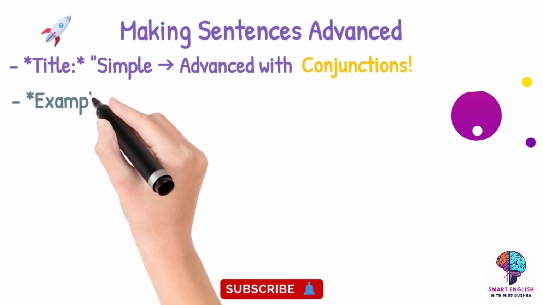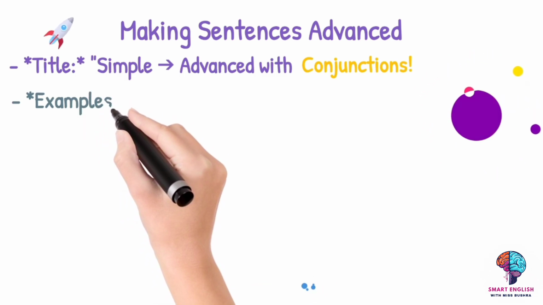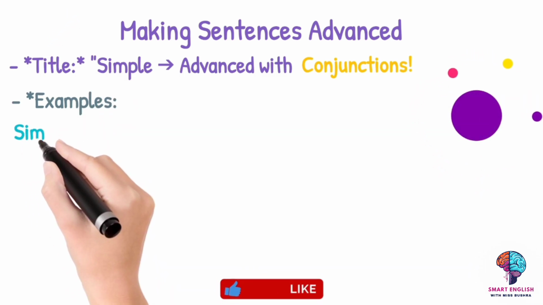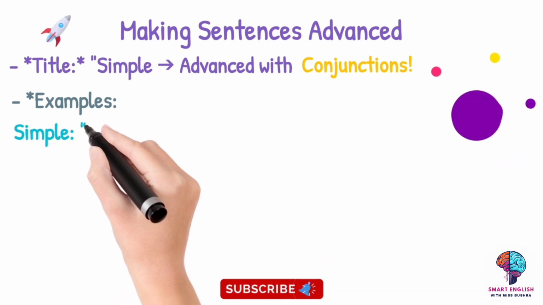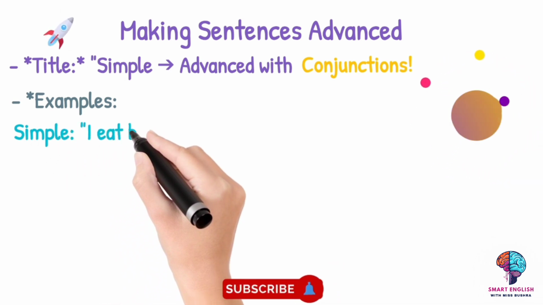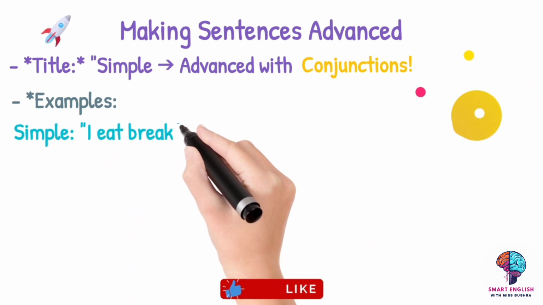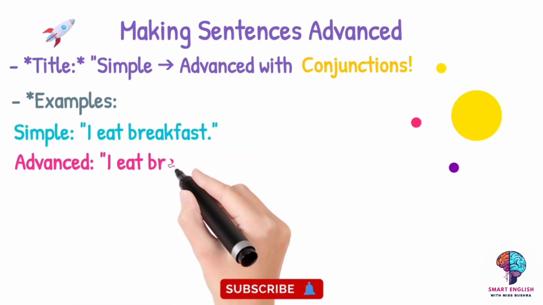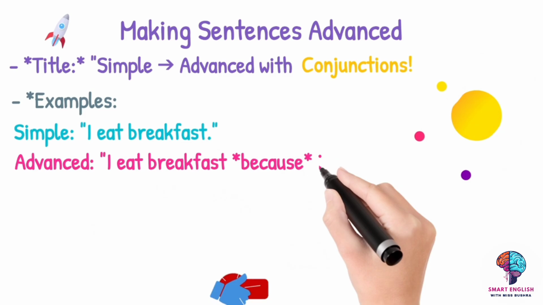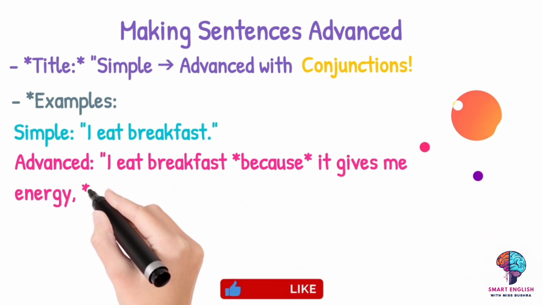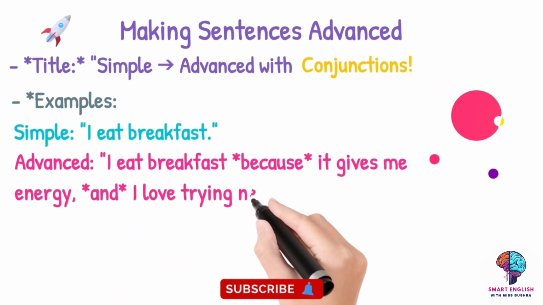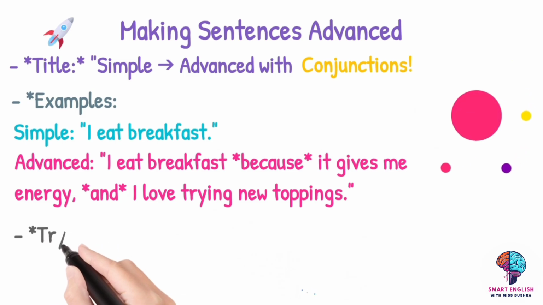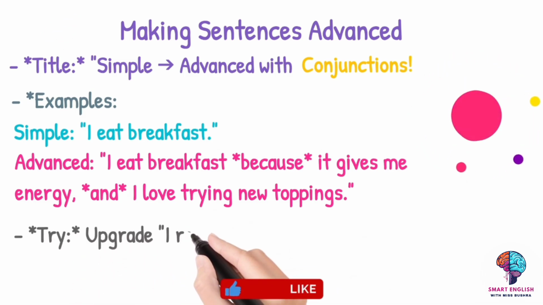All right, now let's move towards the example, and let me tell you one more thing about adding value to your sentences. Whenever you are using simple sentences, subject, verb, and object, and then you put conjunctions in them, like and, but, so, because, this is the power to convert these sentences from basic to advanced.